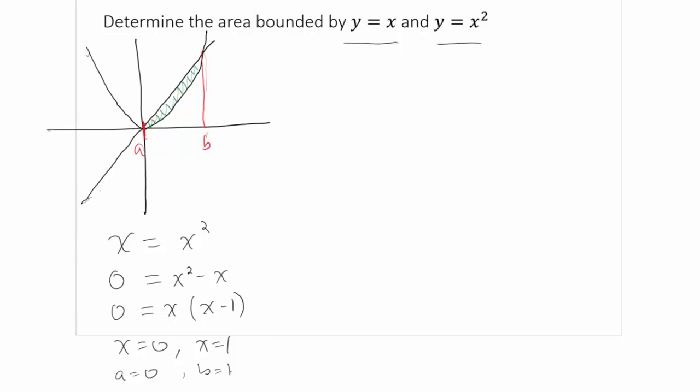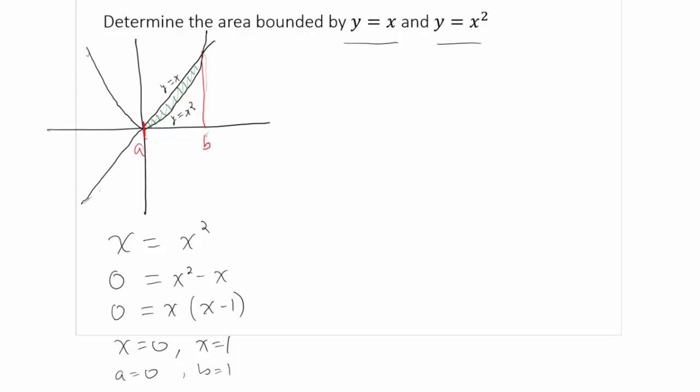Over that interval, the upper function is x and the lower function is x squared. This is y equals x and this is y equals x squared.